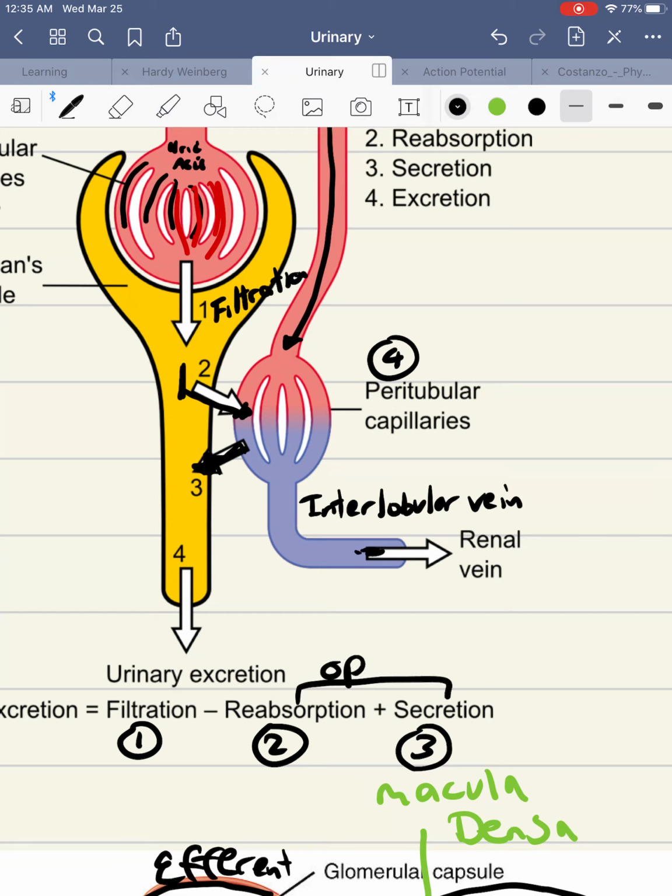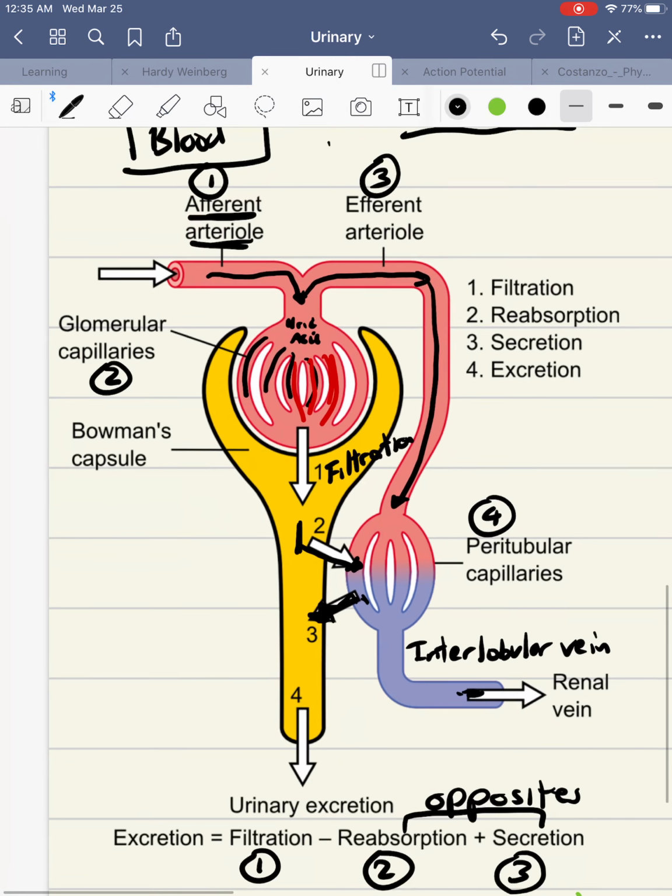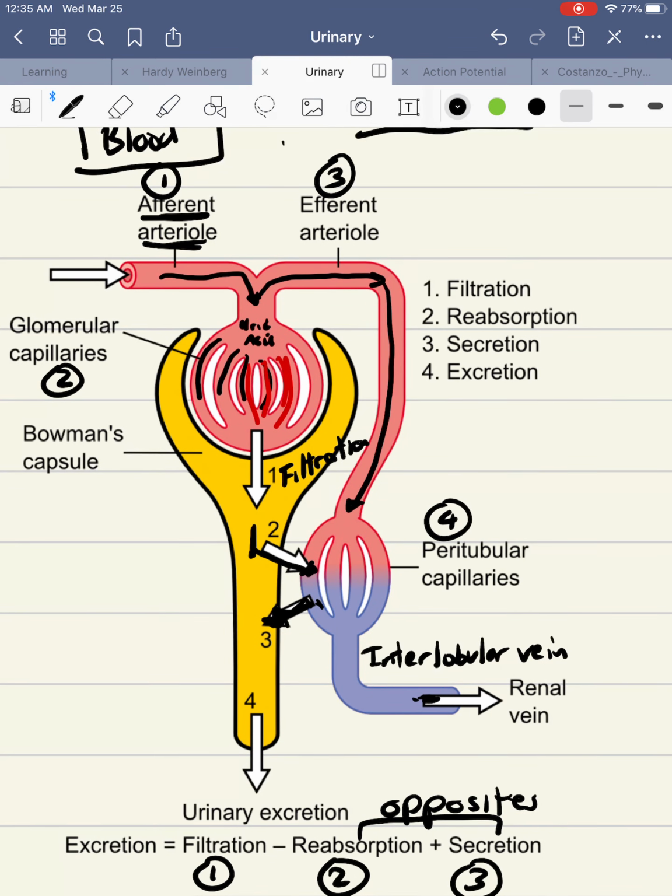Reabsorption and secretion are opposites. If you go from the peritubular capillaries, which is the bloodstream, and you're going into the nephron, that's called secretion. If you are going from the nephron and you're going back into the peritubular capillaries, we call that reabsorption.